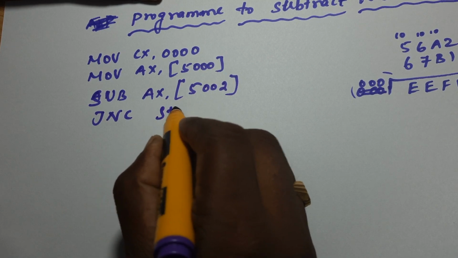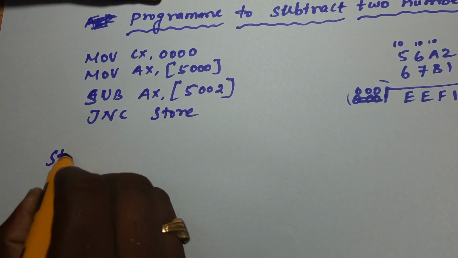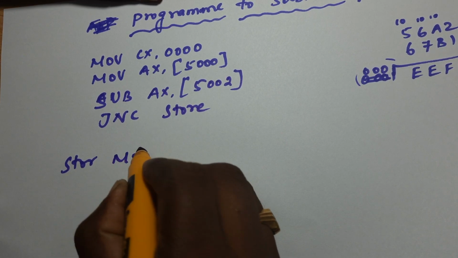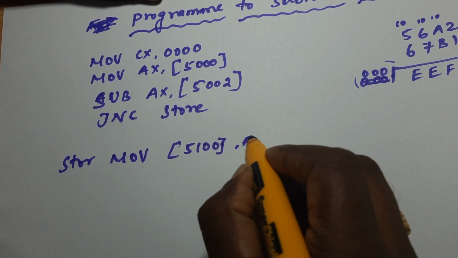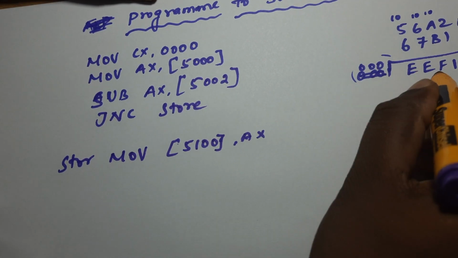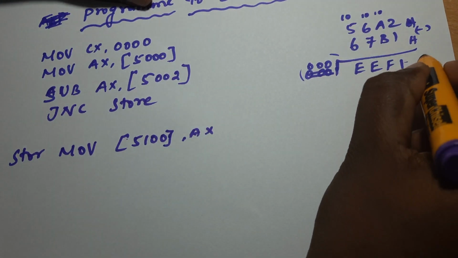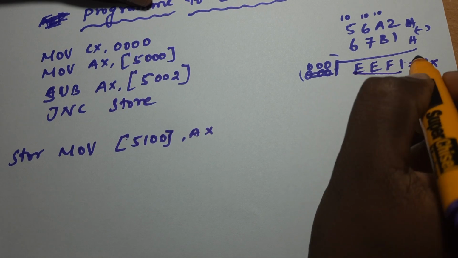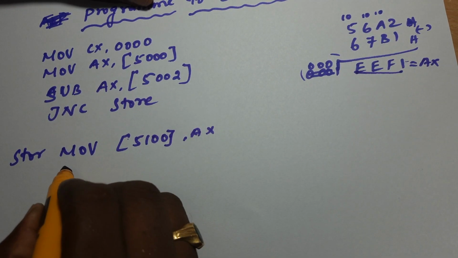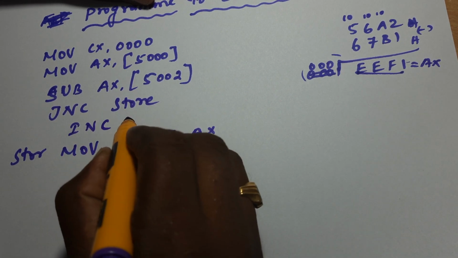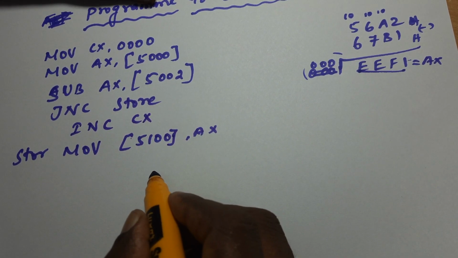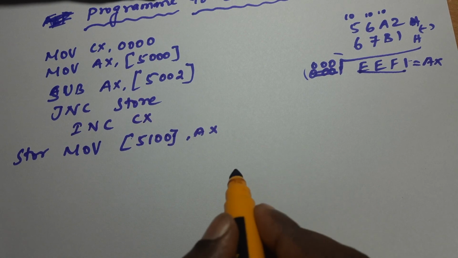So store, move 5100, AX, the subtracted value. This is the result stored in AX. Next, we need to check whether the borrow is set or not.